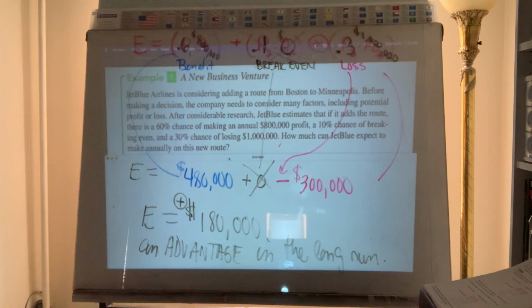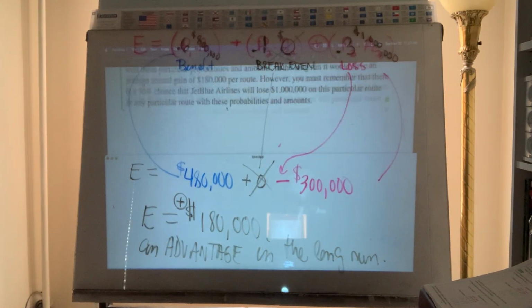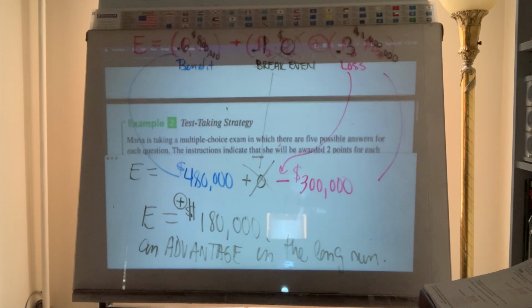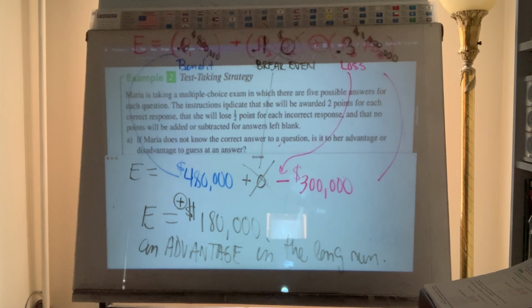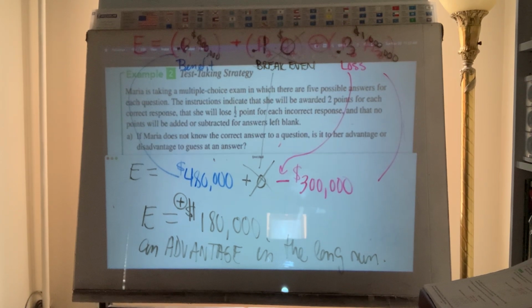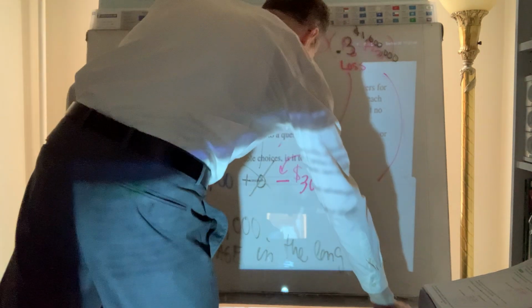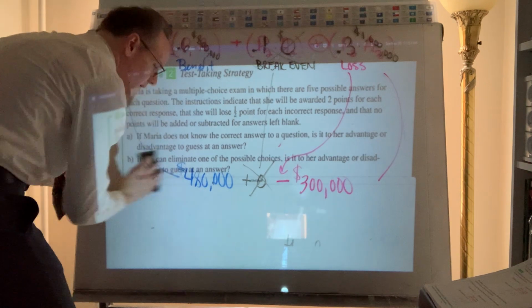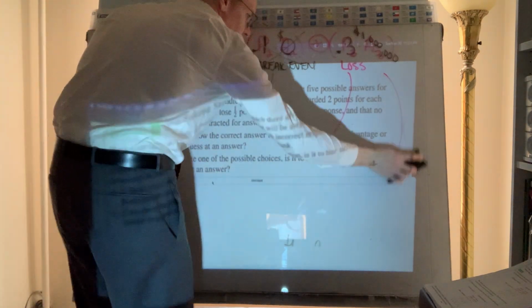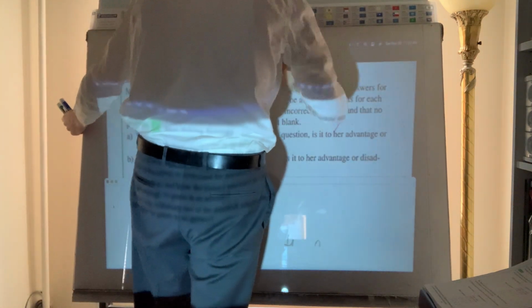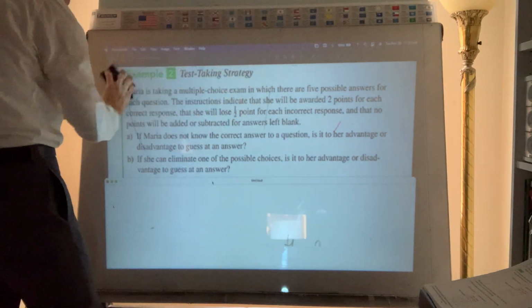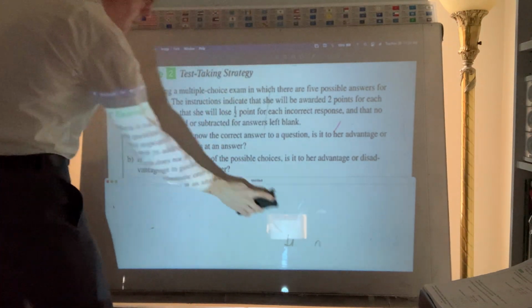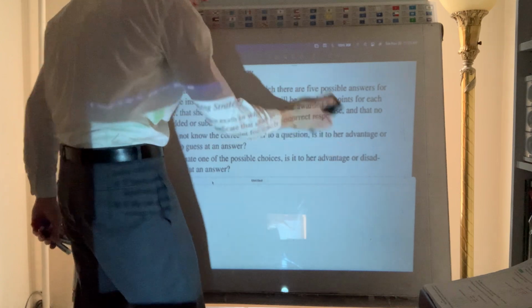Now, as a student, you might be more interested in something that is less monetary and more practical, which is something like example 2 here, a test-taking strategy. Let me clean this up a little bit. This will give you a real feel, because it's maybe more immediately to your benefit to think about this, and not just about, say, market research.